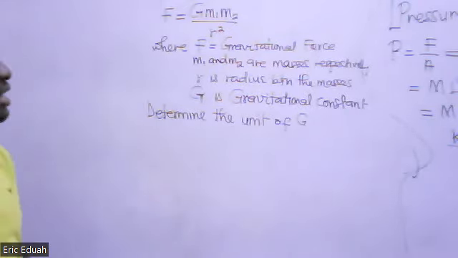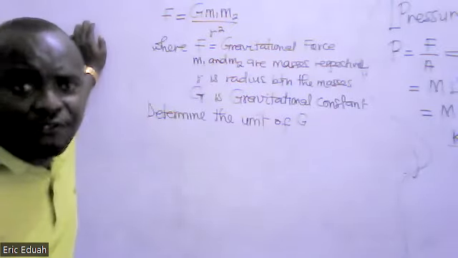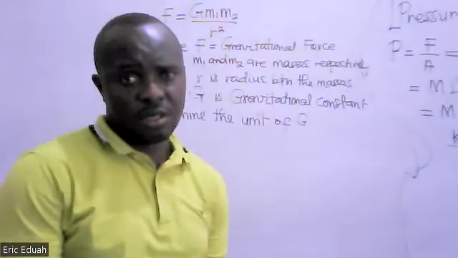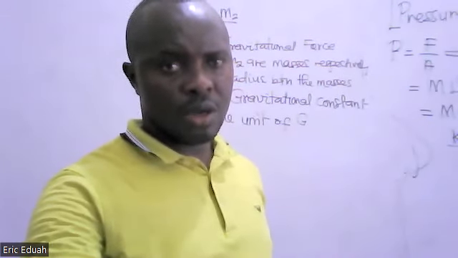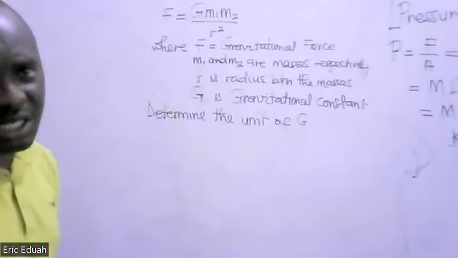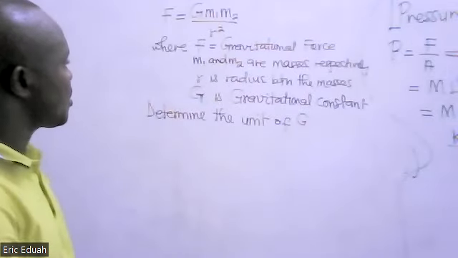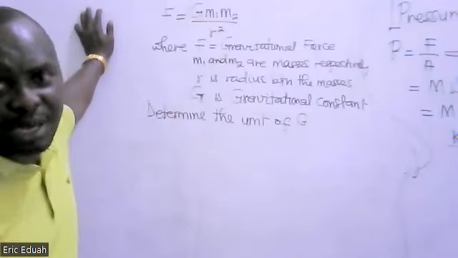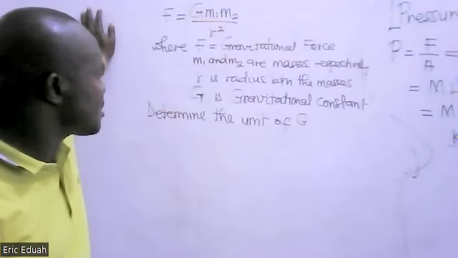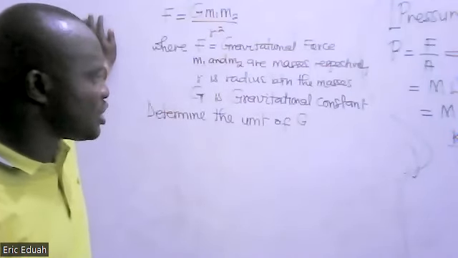F is gravitational force. Gravitational force is a force. M1 and M2 are masses. And R is the radius between the masses.